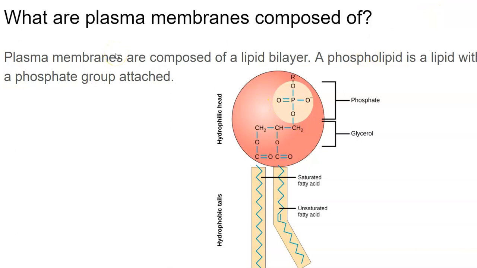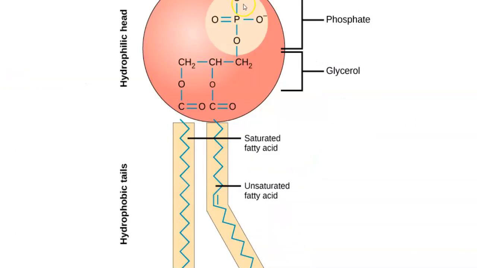Alright, so if we zoom in a little bit, what are plasma membranes composed of? Plasma membranes are composed of a lipid bilayer. A phospholipid is a lipid with a phosphate group attached. Here we can see that this top part is charged.